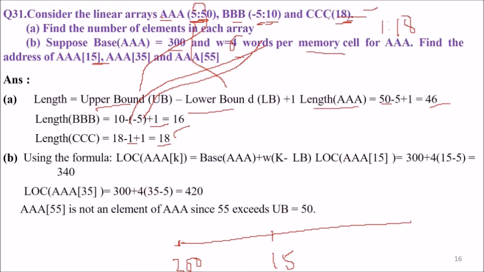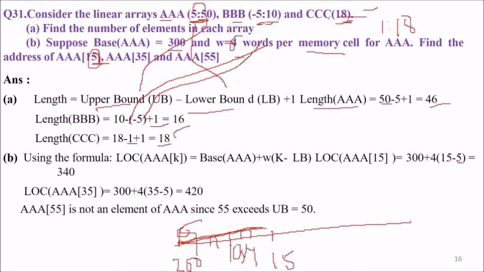Let me tell you what is exactly happening here to find A15, because we are starting from 5, we are not starting from 0. We have to start from 5 and reach till 15. So what will this distance be? This will be 10, and you know that each partition or each level takes 4 words per memory cell.